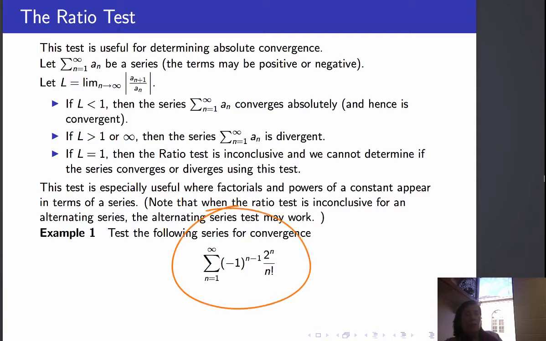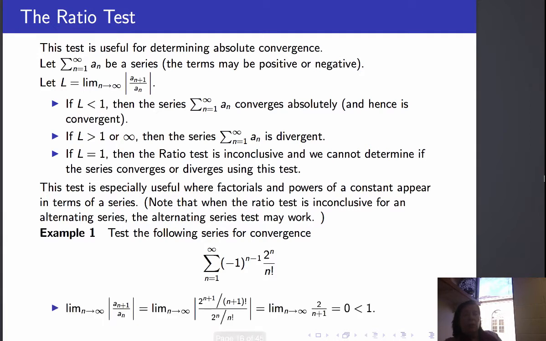Let's check with the following series, see if it converges. Notice it's an alternating series, so it has positive and negative terms, and to apply this test, I look at the limit as n goes to infinity of the ratio of the absolute value of the (n+1)th term divided by the nth term.